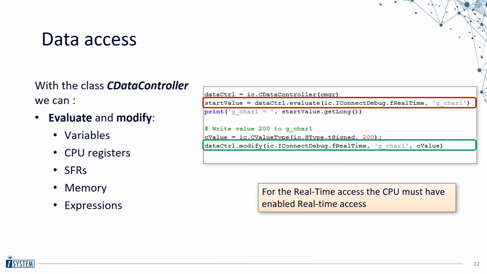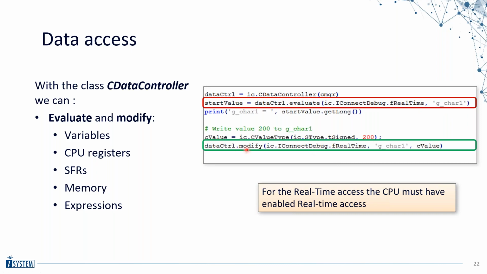For instance, in this case, we will read and check a variable. This is a debug symbol. This variable is a global variable. It has a defined debug symbol, and we will read it in real time, meaning without stopping.